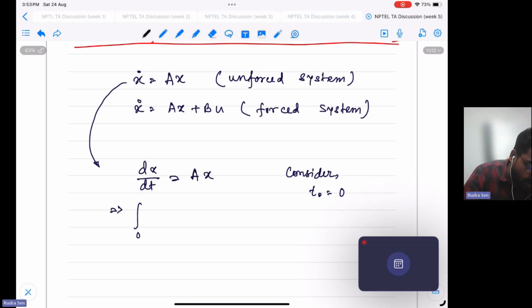So from 0 to t, dx by x equals the integral from 0 to t of A dt.